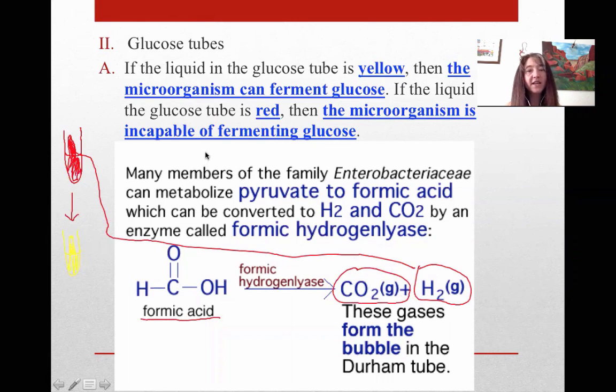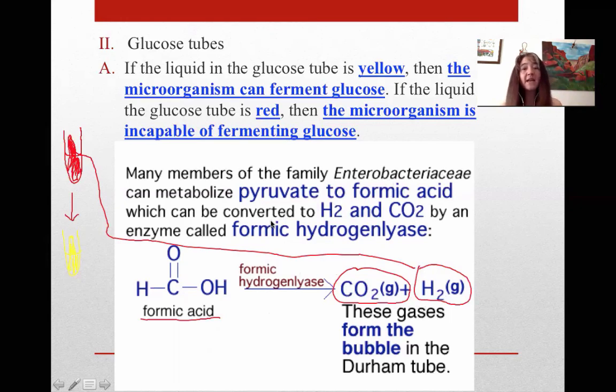So this is a recognition that many members of the family Enterobacteriaceae, which includes E. coli, Yersinia pestis, Shigella dysenteriae, and others, convert pyruvate to formic acid and then to hydrogen and carbon dioxide. We get the formation of the CO2 and H2. And that actually allows us to differentiate amongst those that do this versus those that don't.